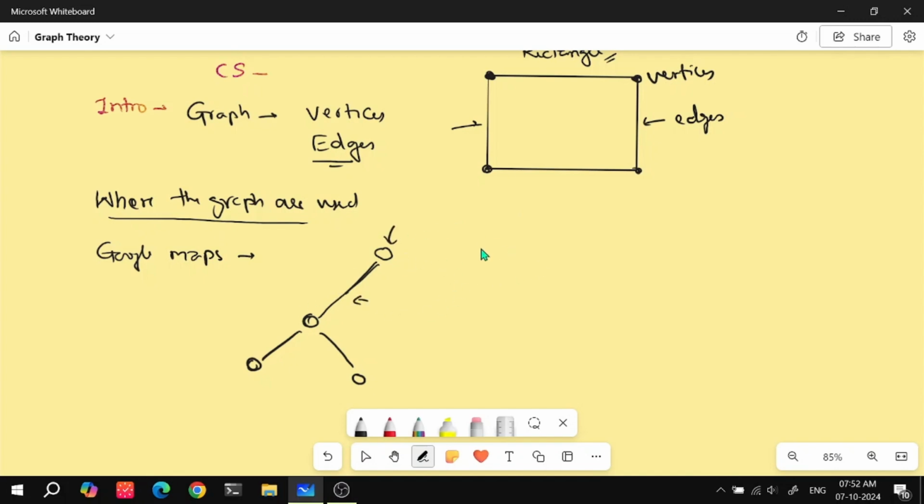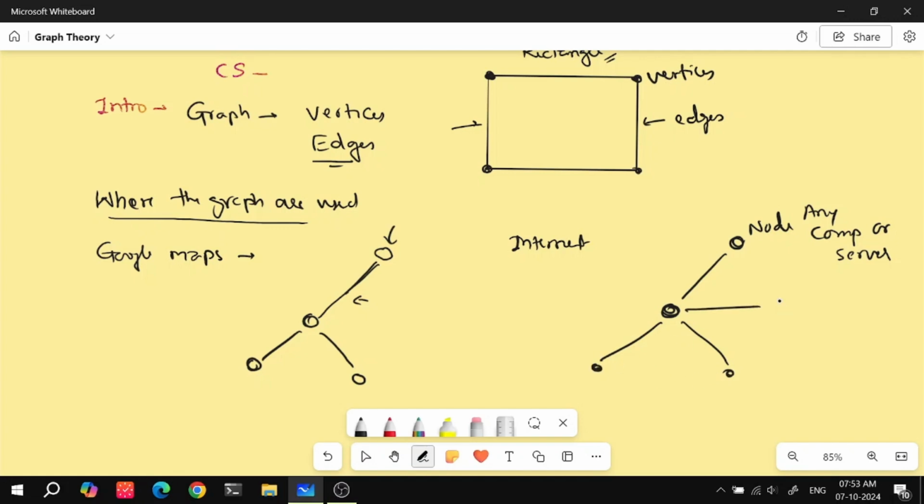And if you see another example, I can take the example of the internet. In the internet we have two things. One is a node. Node means any computer or server, and this is the link, and this is again a computer or server.